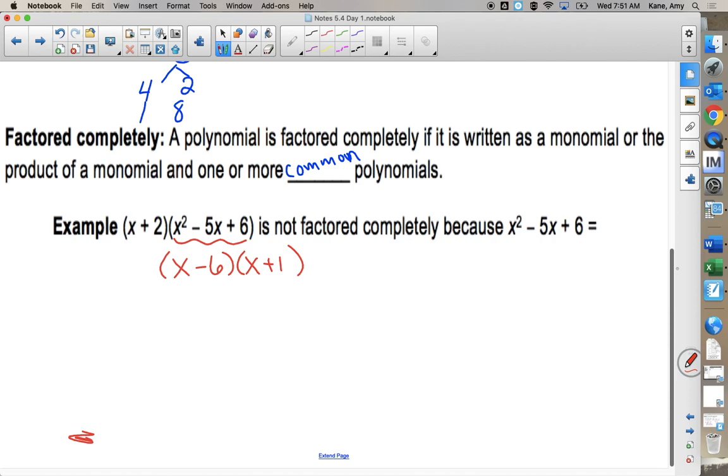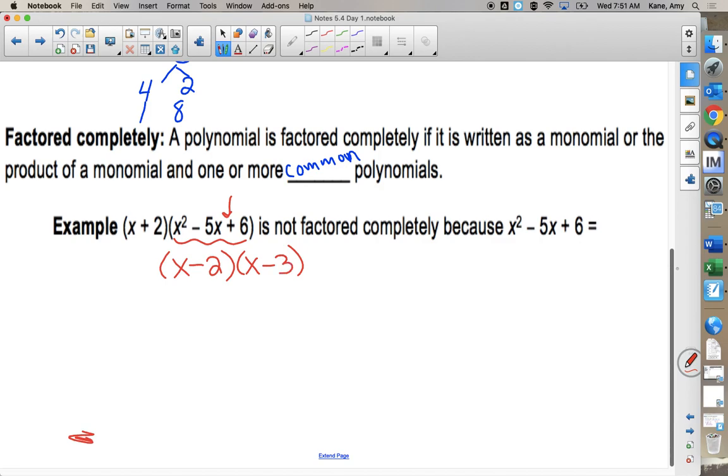If you multiply negative 6 and 1, oh, you need a plus 6 in the back. What else makes sense? 3 and 2. So we would have x minus 2 and x minus 3.